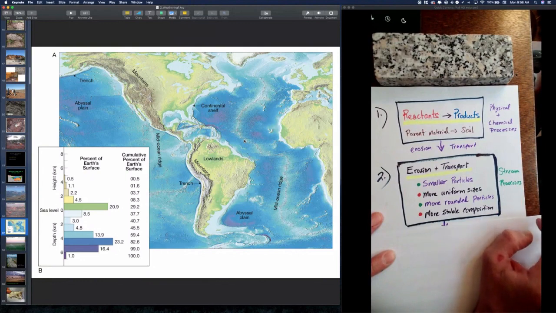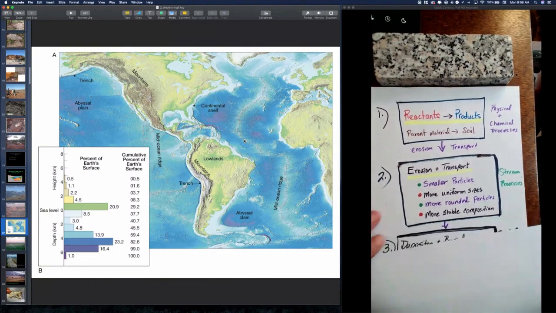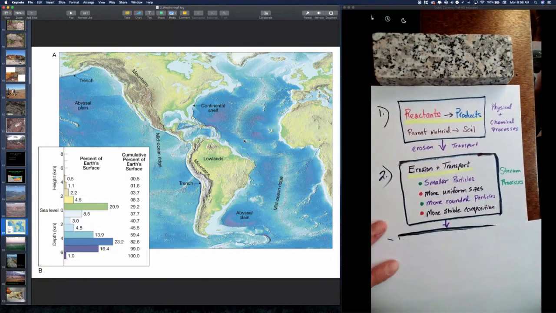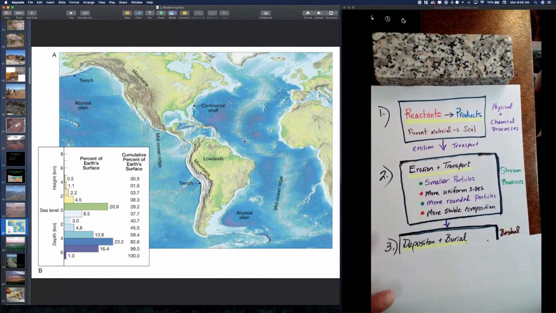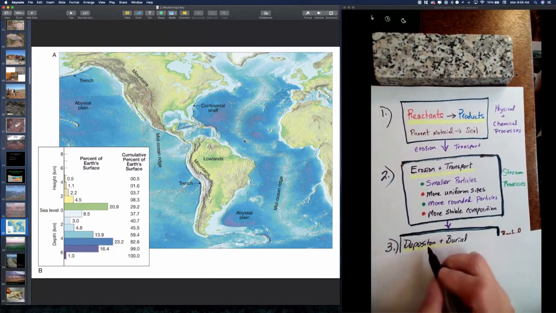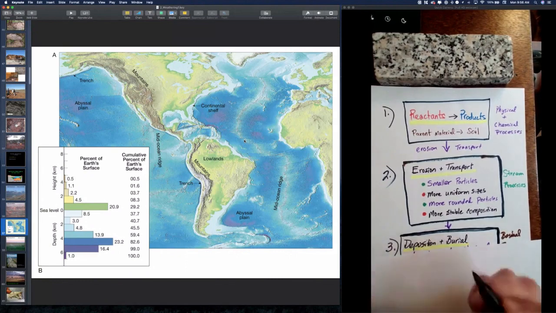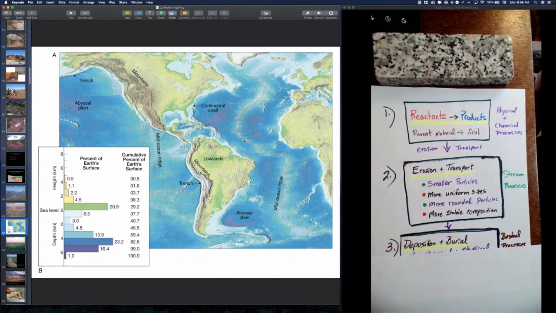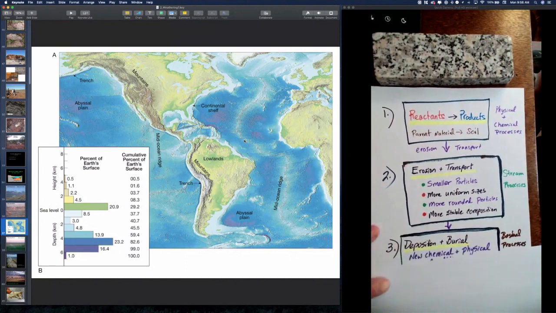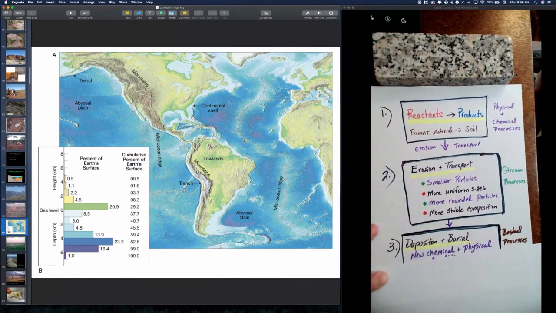Not 100%, but mostly. Then we go to the next stage, and we're going to deposit and bury. So we're going to pile sediment on. Deposition, and burial.